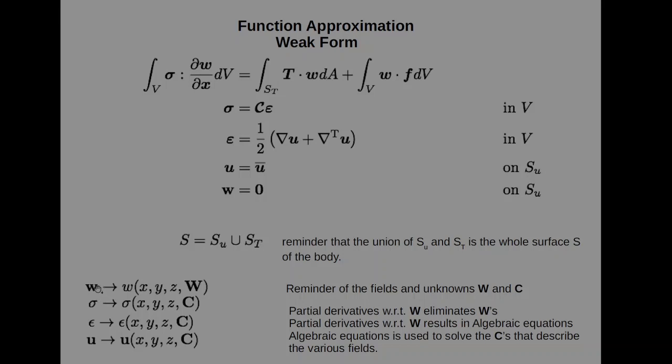But when I take the partial derivatives with respect to these big W's, I will recover additional equations that will allow me to solve the algebraic system of equations for the C's. This is important. So here I sit now with 18 equations, 18 fields.